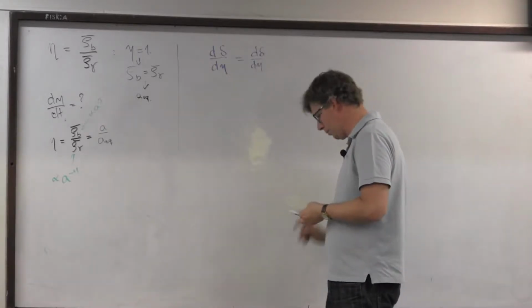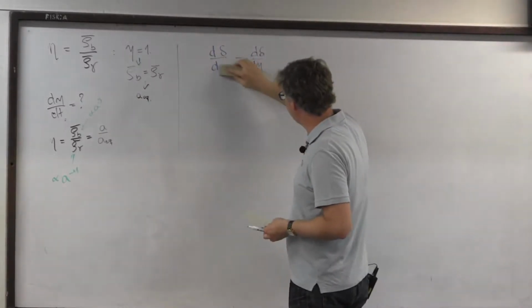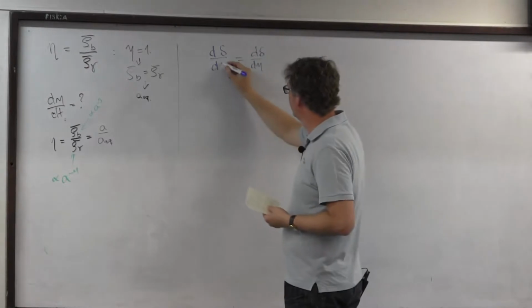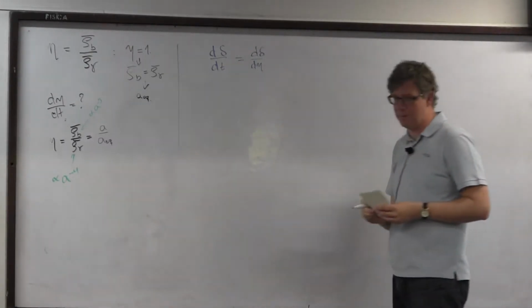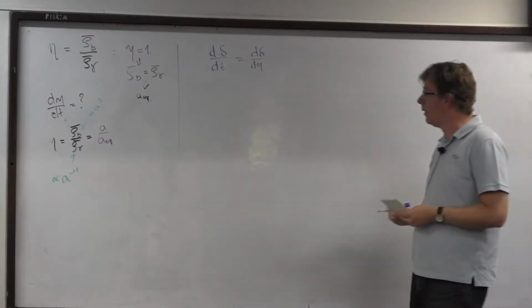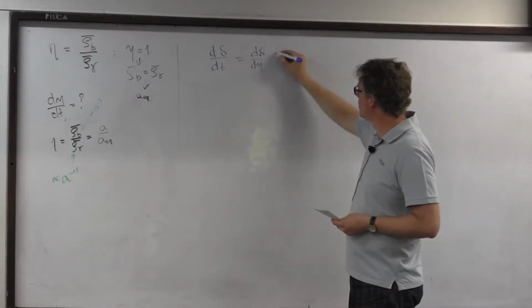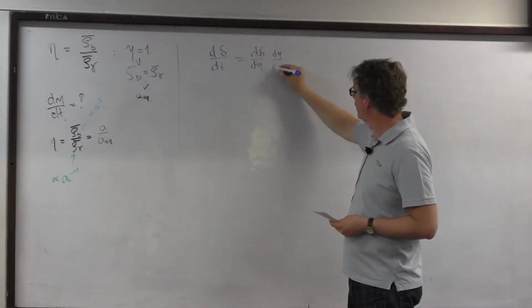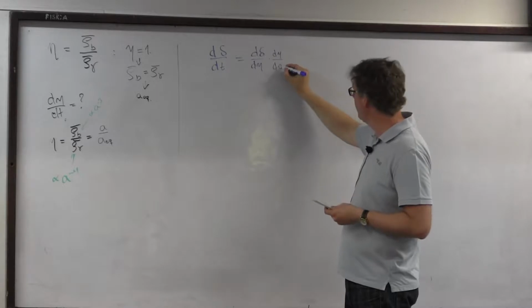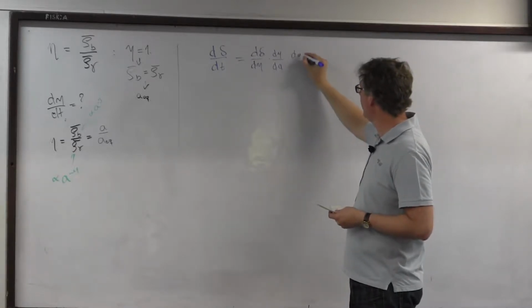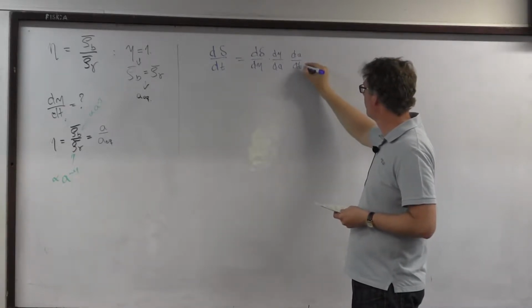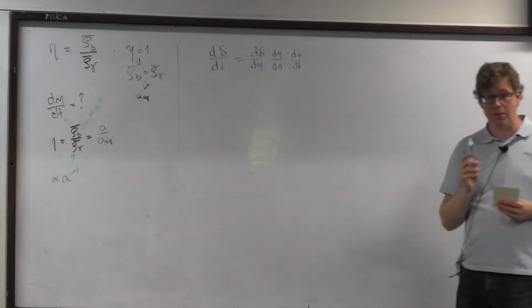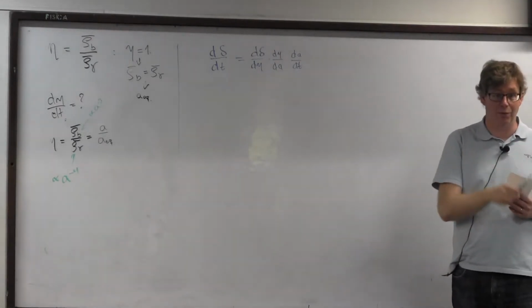Oh, sorry, what am I doing? This should say dt. Sorry. Otherwise I get my writing screwed up. And then this is times d eta dA times dA dt.